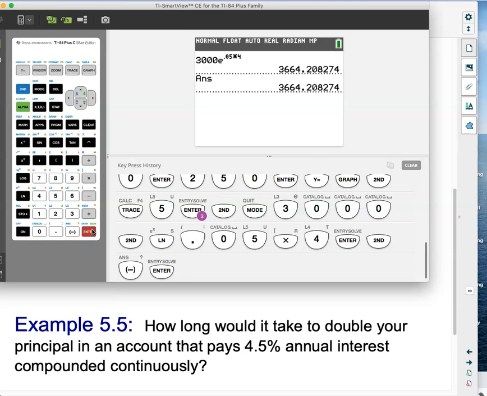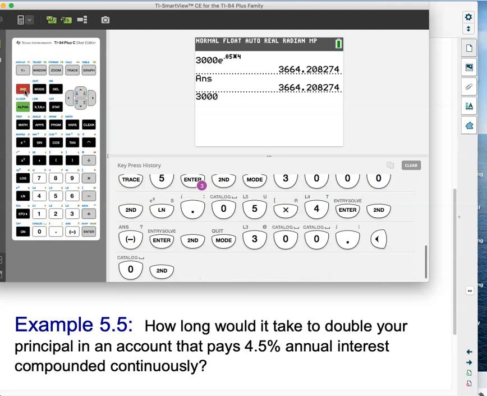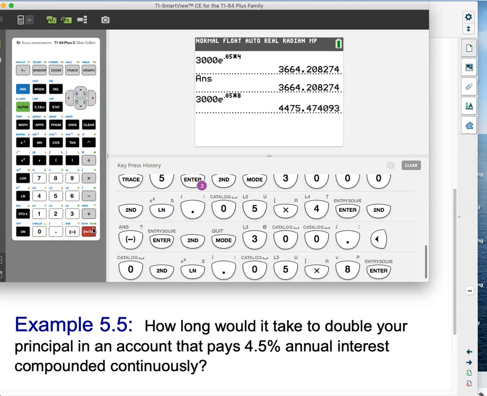Oh, it's not going to let me. It won't do it with E. I thought it would let me just change the exponent. It says no. Type it all in again. Second ln 0.05 times 8. 4475.47.